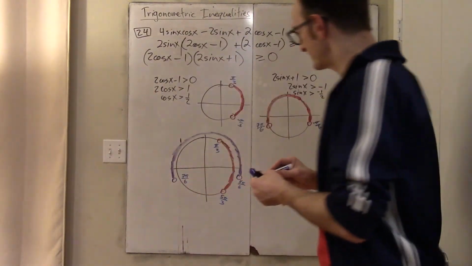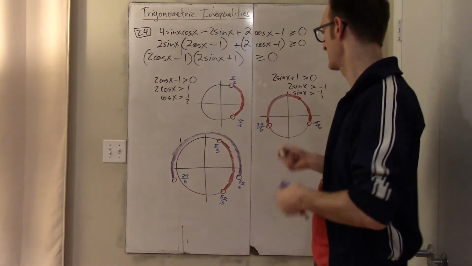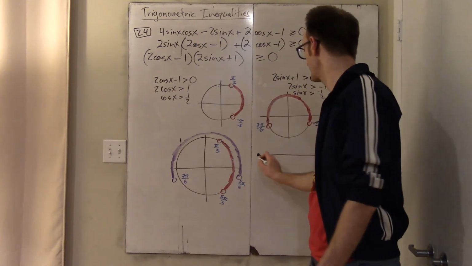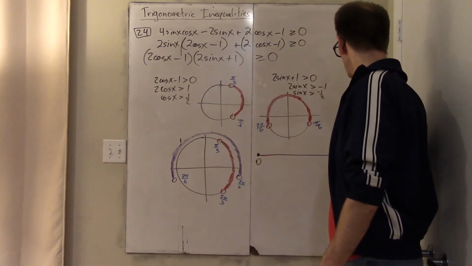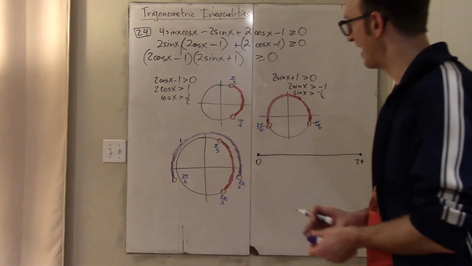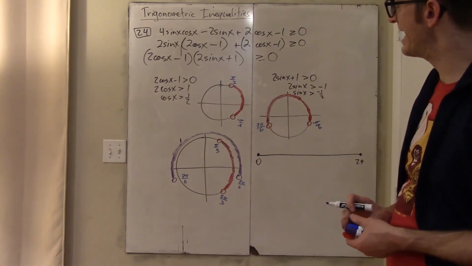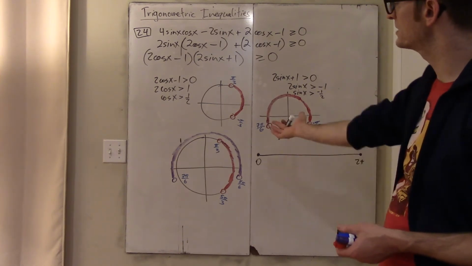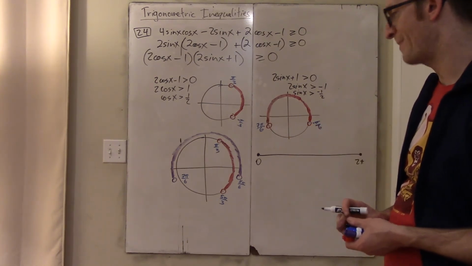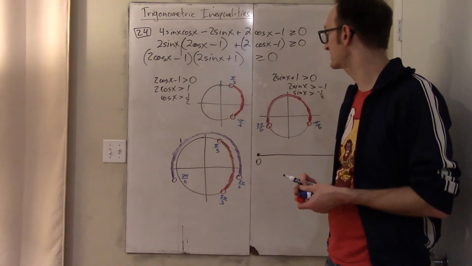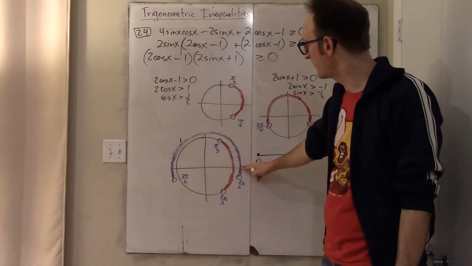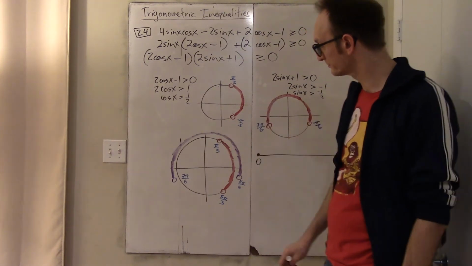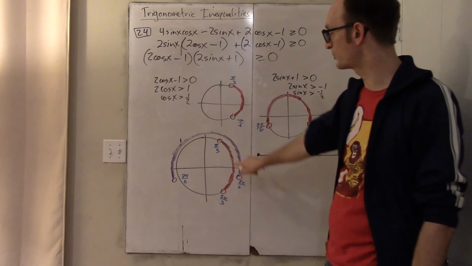And so, suppose you just wanted to do this on the interval from 0 to 2 pi. Let's just take that as a task that we want. Let's look at our shaded double circle overlapping pattern, and say, okay, from 0 to pi over 3, they're both shaded.